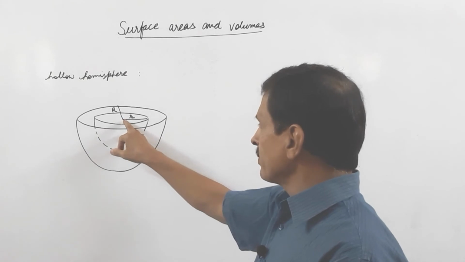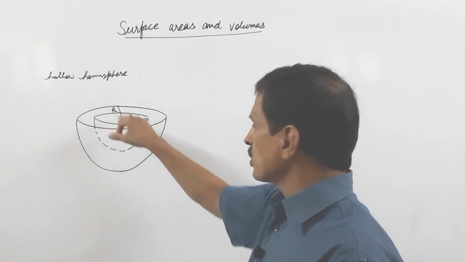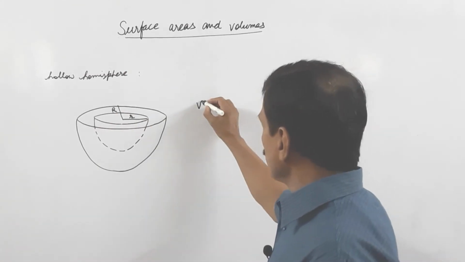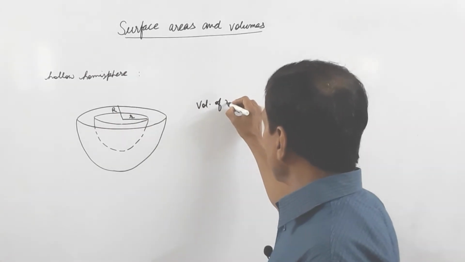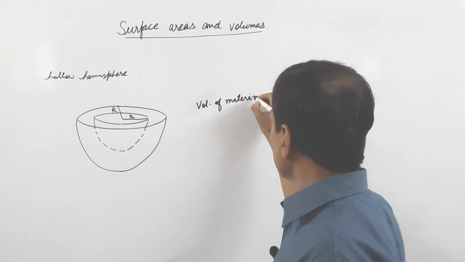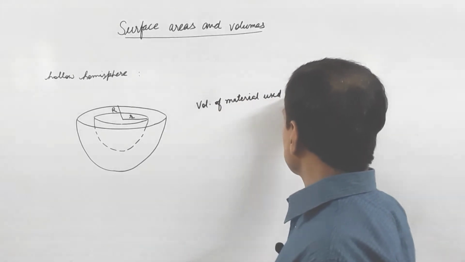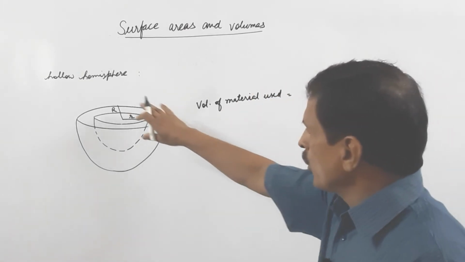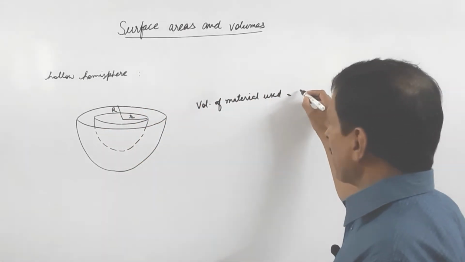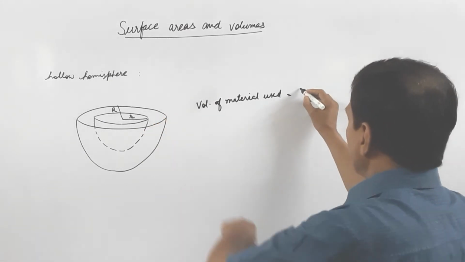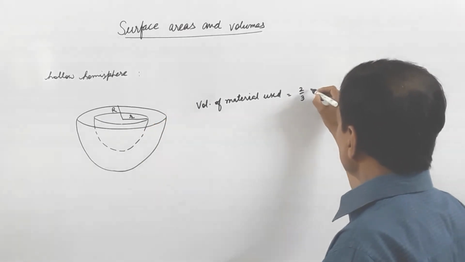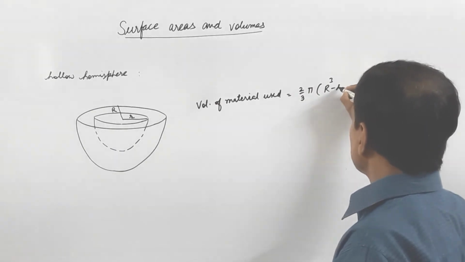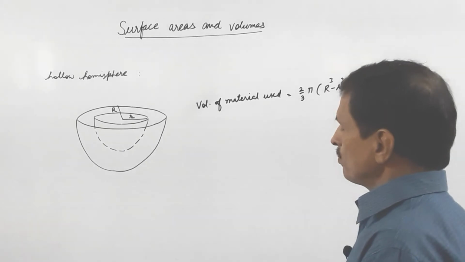The inner radius of this cavity is small r, and outer radius of the hemisphere is capital R. Thus volume of material used is equal to volume of the outer hemisphere minus volume of inner hemisphere, that is 2 by 3 pi times capital R cube minus small r cube.